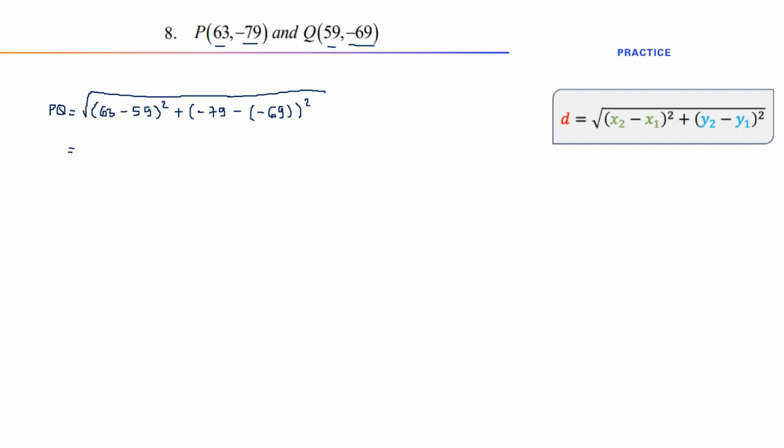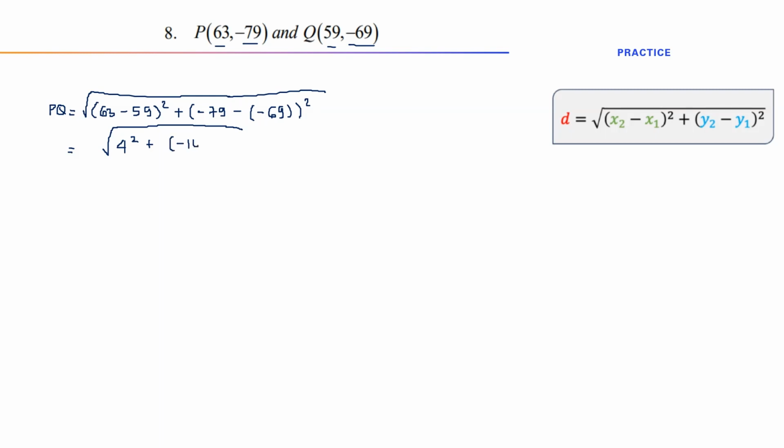This one is 4 square plus, now negative 79 subtract negative 69 is the same as negative 79 plus 69.